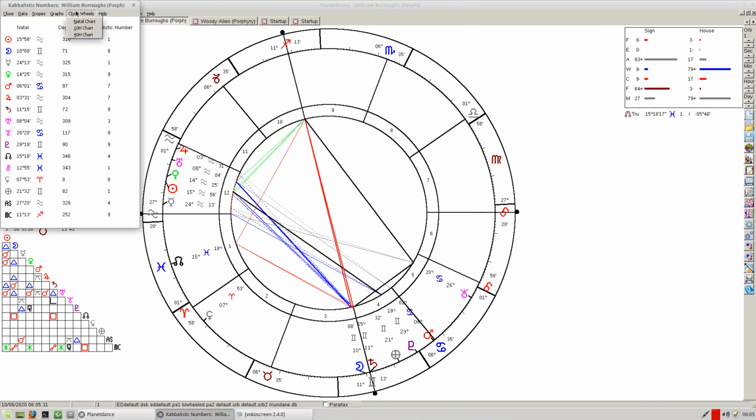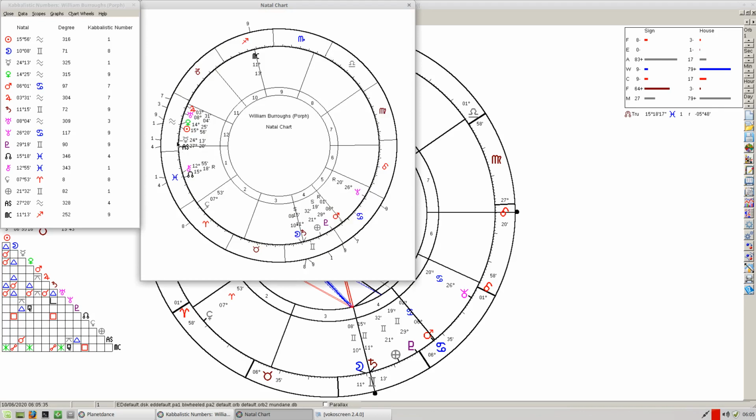You can also look at chart wheels. So we have the natal chart, slightly simplified one here, but reproducing the natal chart, and you can see Venus, Saturn, Pluto and Neptune.